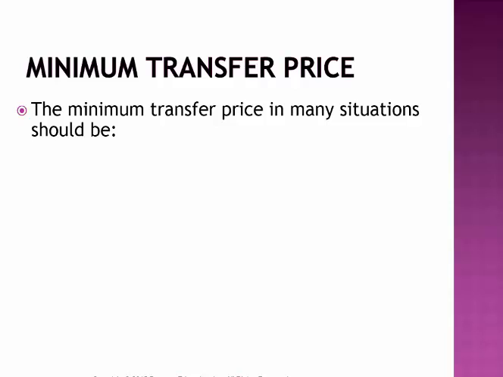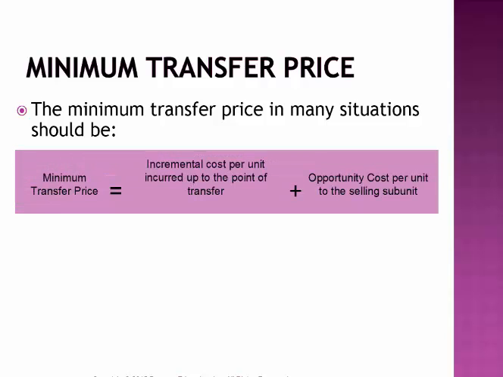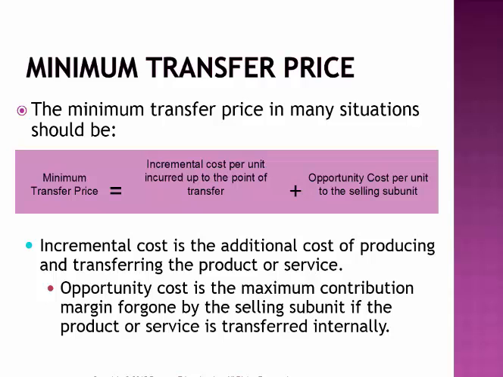Regarding the minimum transfer price, the minimum transfer price in many situations should be equal to the incremental cost per unit that is incurred up to the point of transfer, plus the opportunity cost per unit to the selling subunit. And we have seen that an opportunity cost is what we are giving up.